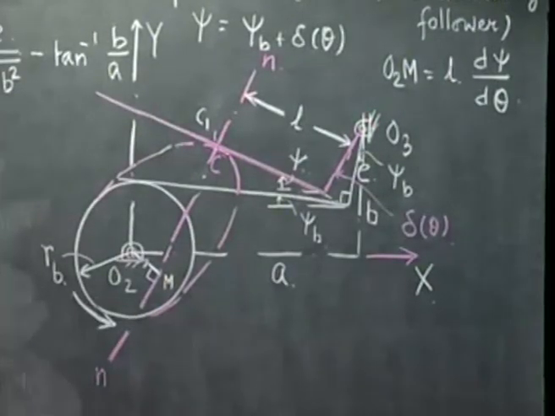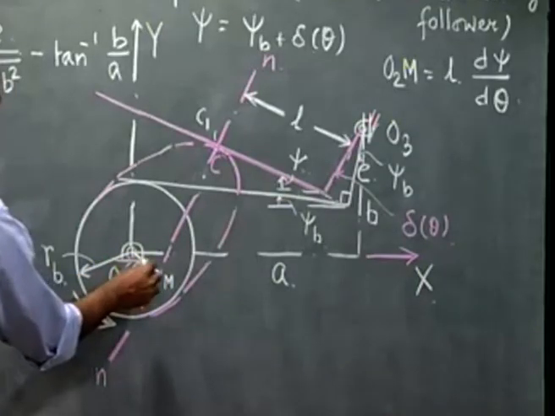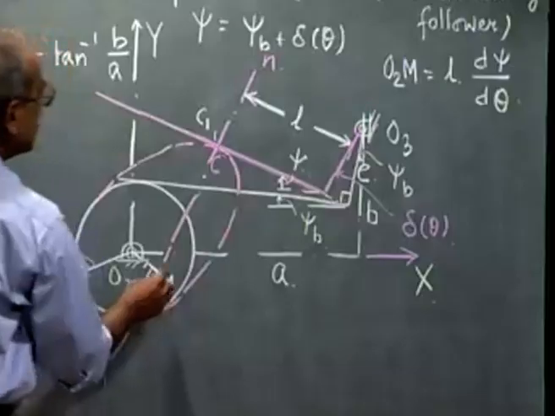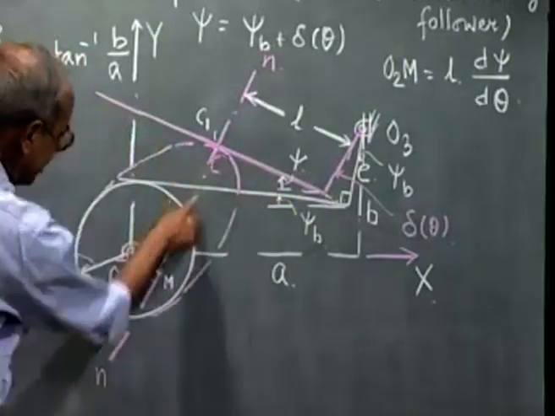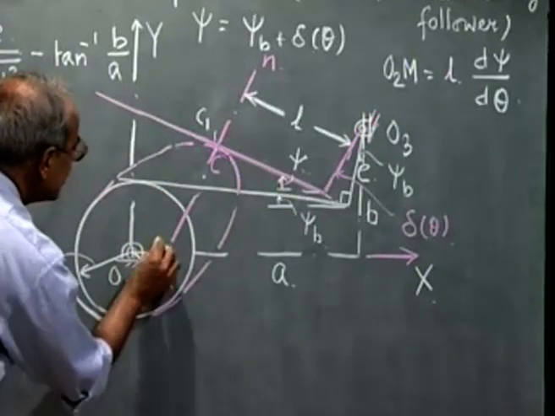Once I get this O2m equal to L into d psi d theta, then I can write, as I see, if this angle from the horizontal is psi and this line is perpendicular to this line, which is also perpendicular to this line, so these two lines are parallel, so this angle is also psi.